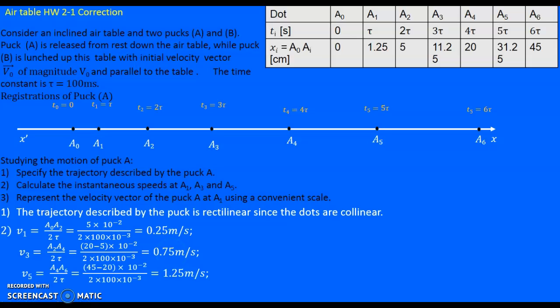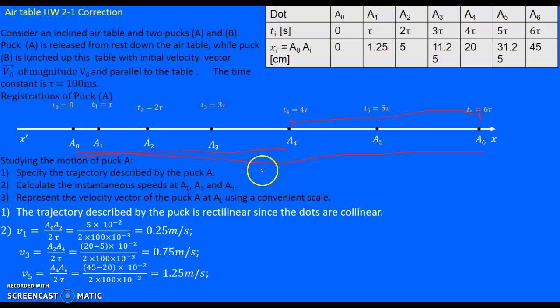Now V5, if you want to explain it clearly, it's equal actually to A4A6 over 2 tau. If we take A0A6 minus A0A4, we obtain the distance A4A6.